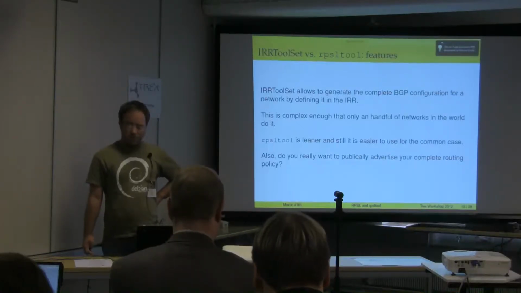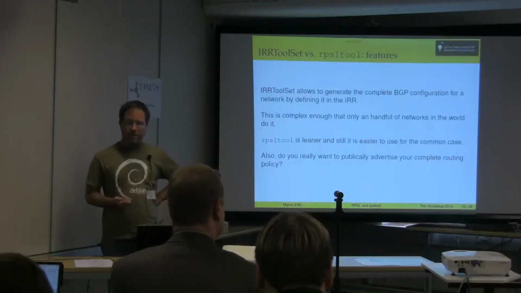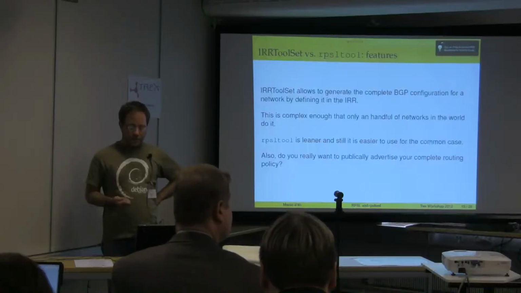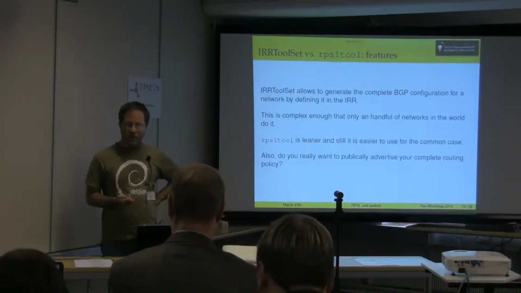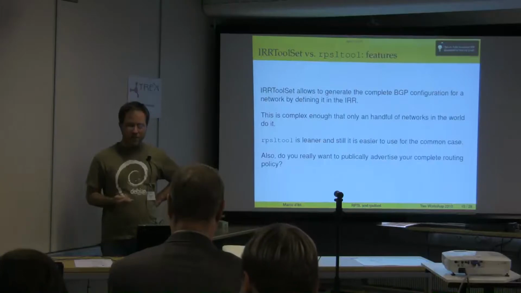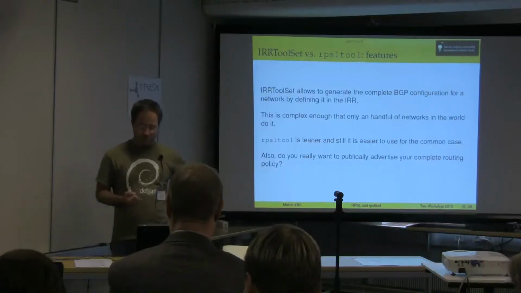IRR toolset can use the complete RPSL configuration to generate the whole routing policy of your network. But actually, why should you advertise publicly to everybody your internal routing policies? RPSL was born in an academic context and in times when this was not considered a big issue.